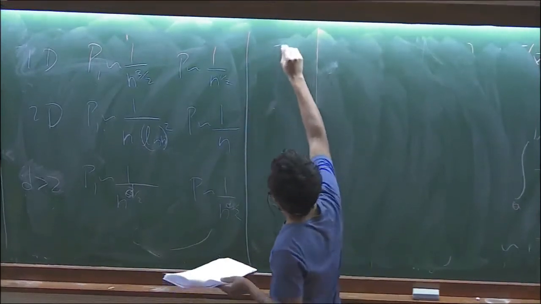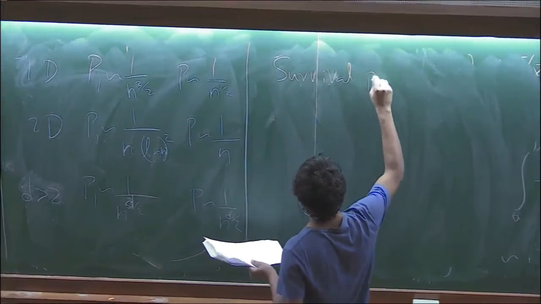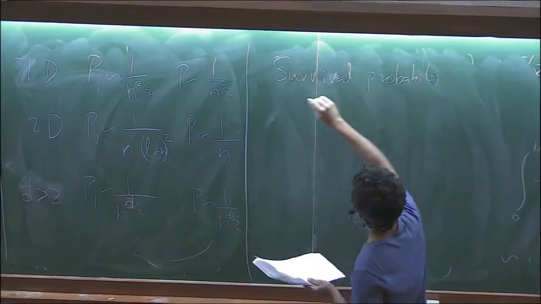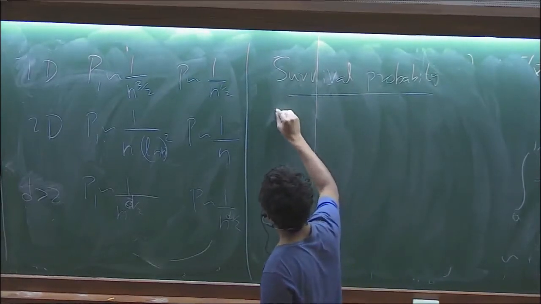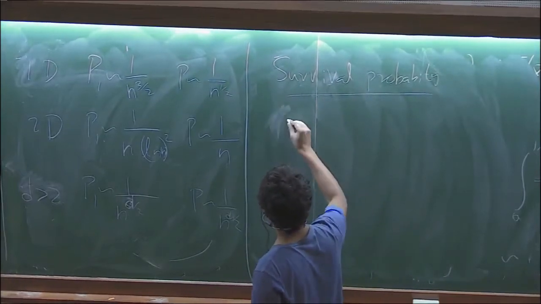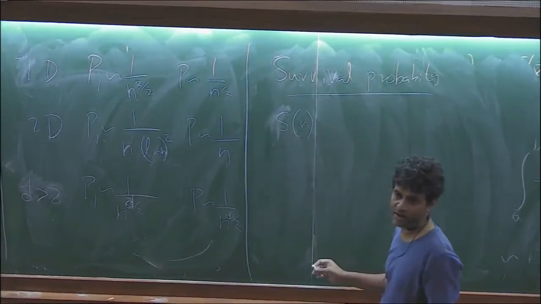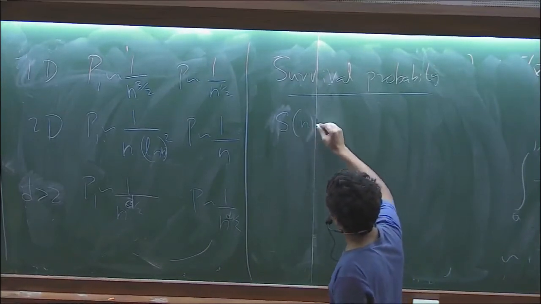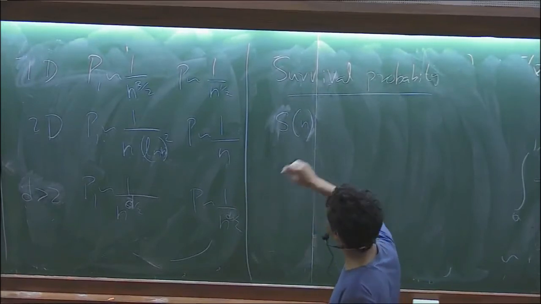Okay, so I can call it, let's say, S of n, the probability that it survives till time n. And actually, I'll just write the results in 1D.